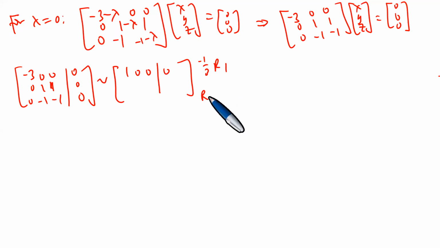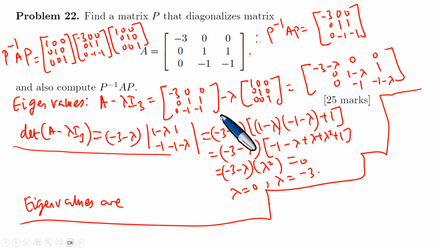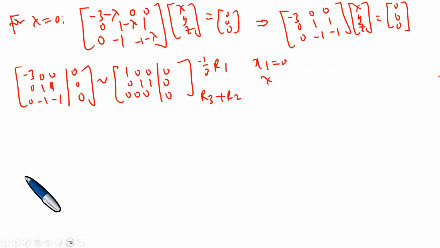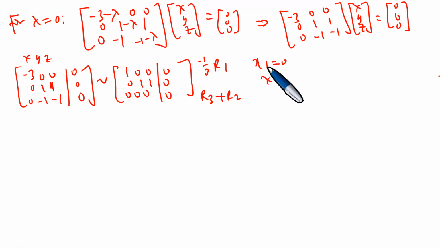And row 3 plus row 2, 0, 0, 0, 0, 0, 1, 1, 0. Which means x1 is 0. I called it xyz. Yes, you can call it xyz. The columns consist of x, y, and z, so you can call them like that.